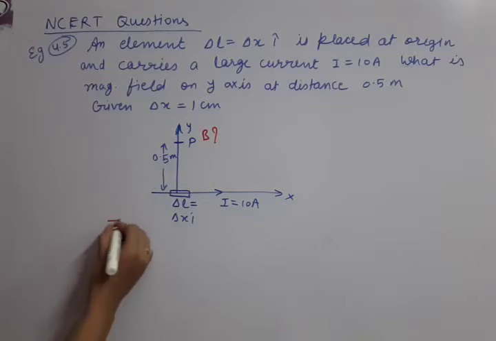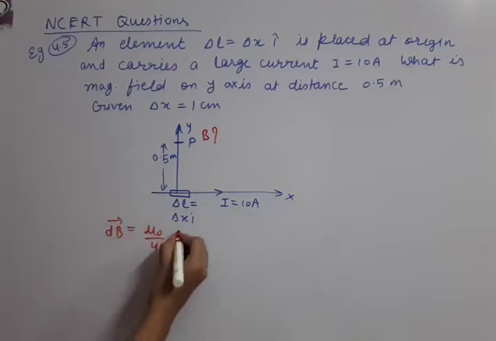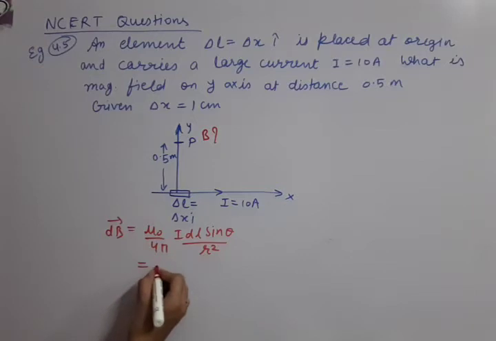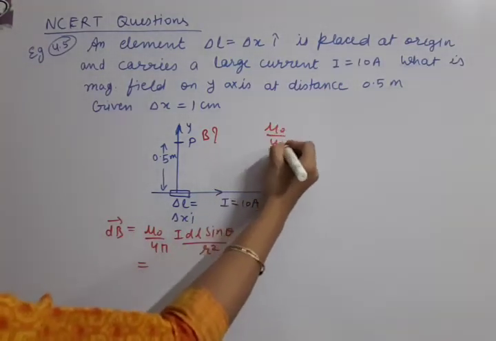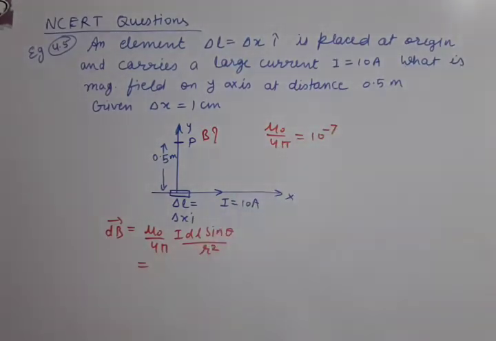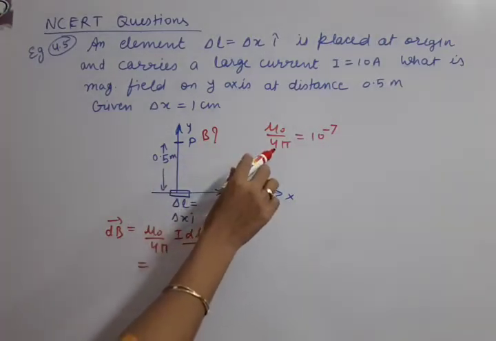So dB formula by Biot-Savart law is mu 0 upon 4 pi, I dL sine theta upon r square. Mu 0 upon 4 pi value you have to always use 10 raised to power minus 7 in SI system. This is given to you in the introduction of the chapter.